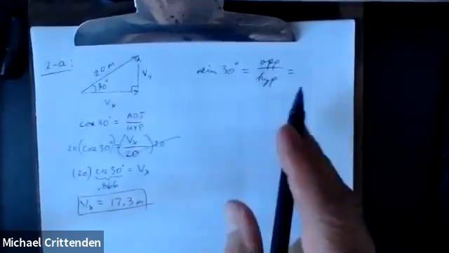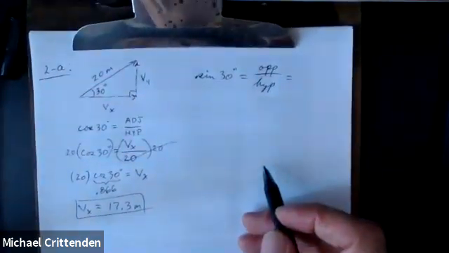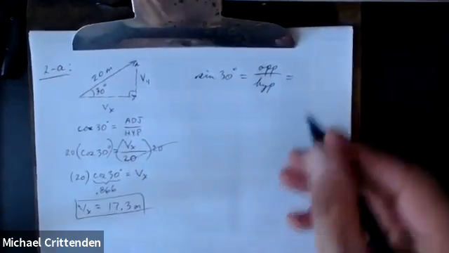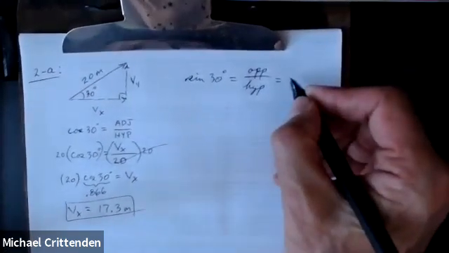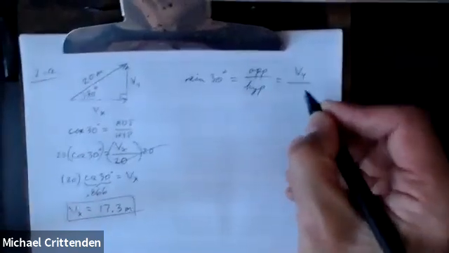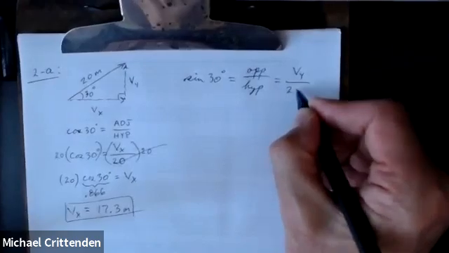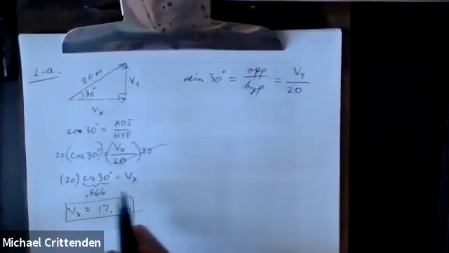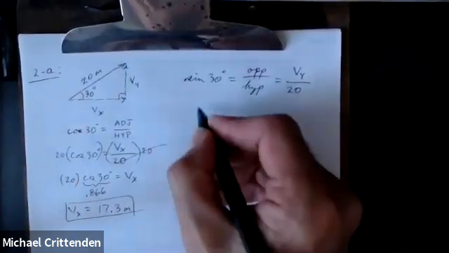Look at the formula sheet, and that's what it says, except it's neatly typed. And you look at your picture, the opposite side is Vy, and the hypotenuse is 20. So just like before, multiply both sides by 20.